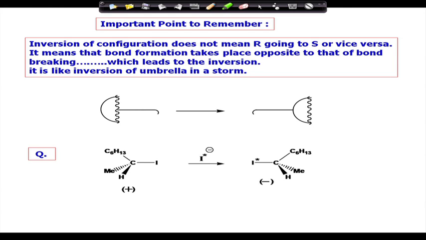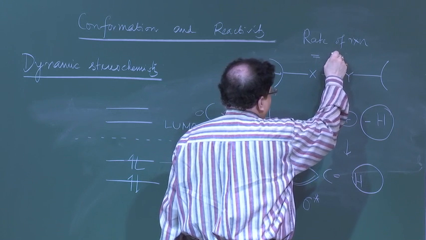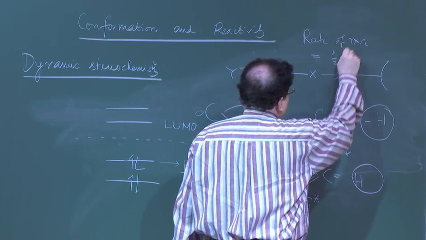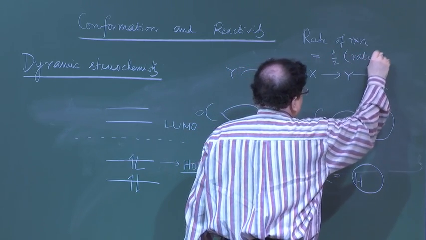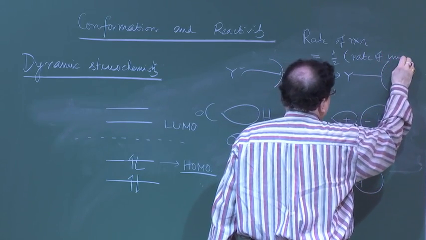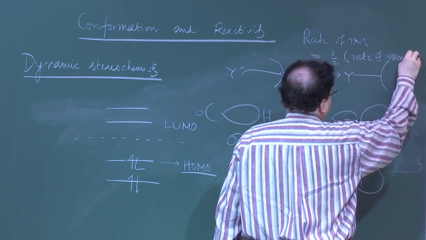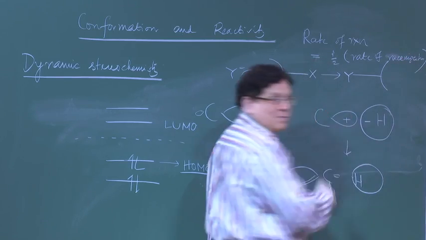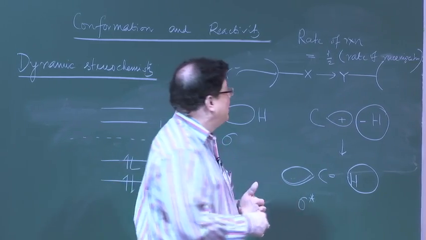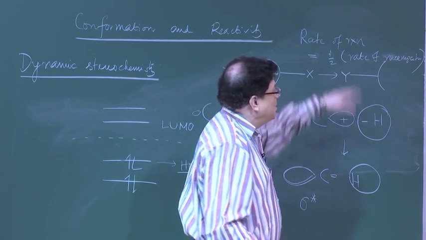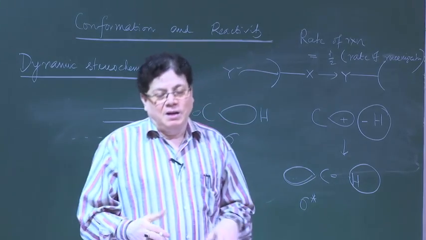So, the rate of reaction is half of the rate of racemization, because the racemization is happening at double speed.